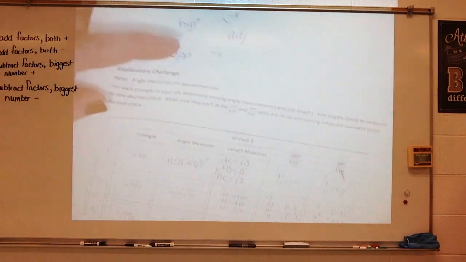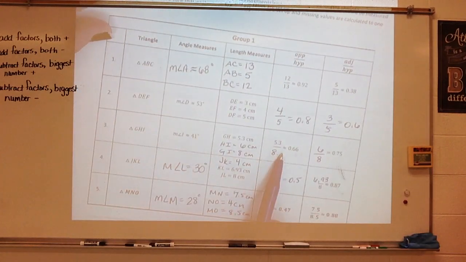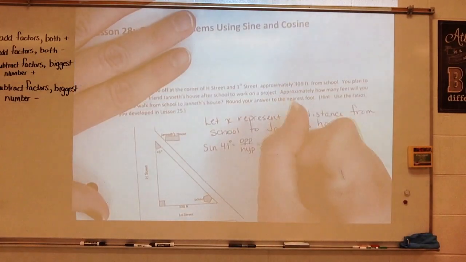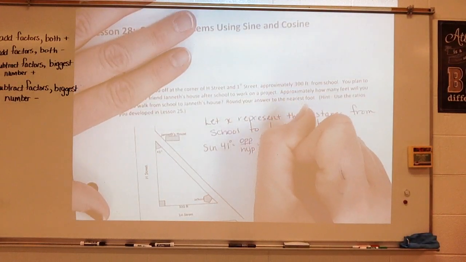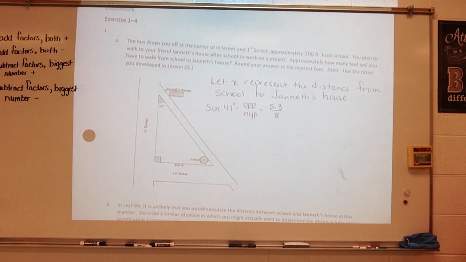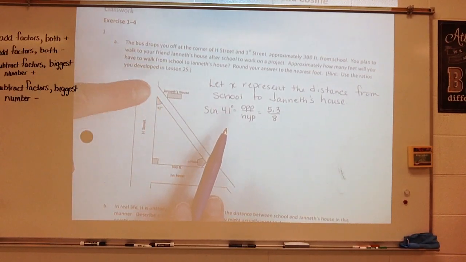Now, we figured out that opposite over hypotenuse was 5.3 over 8. All right? So, we can use the sine of that 41 degree angle.